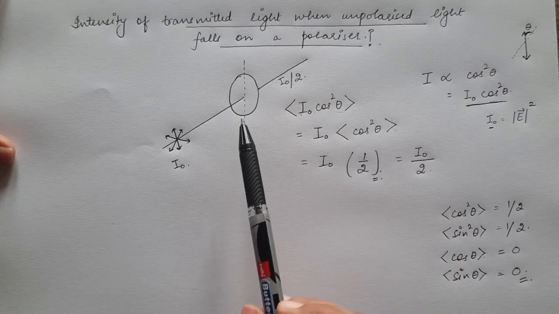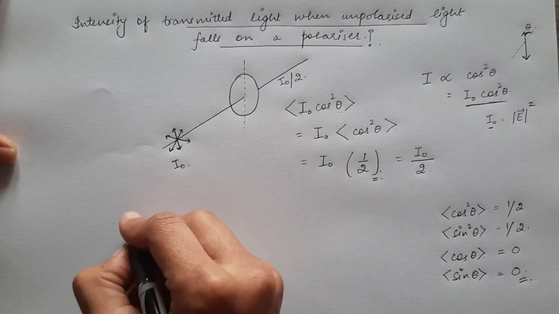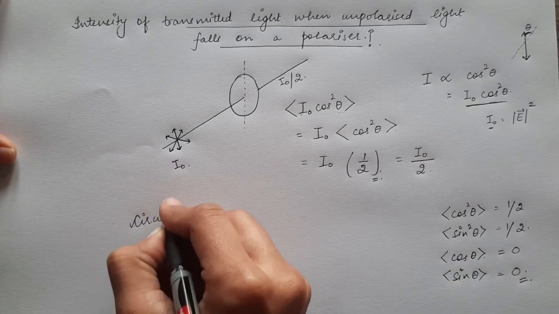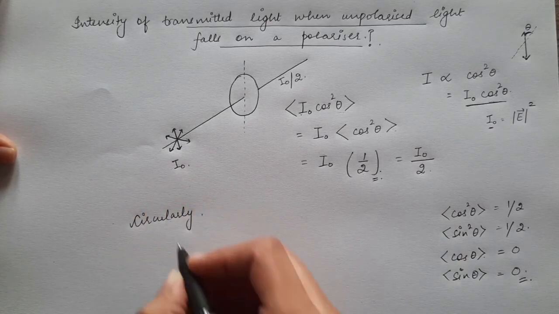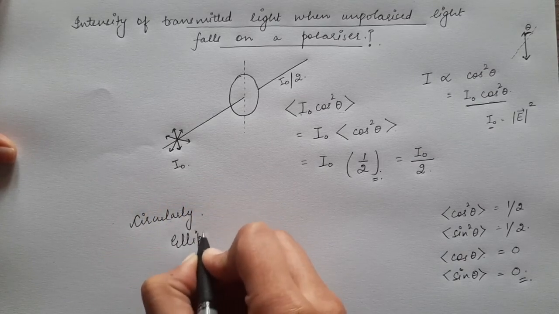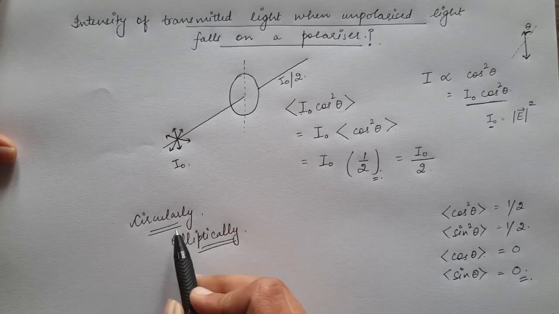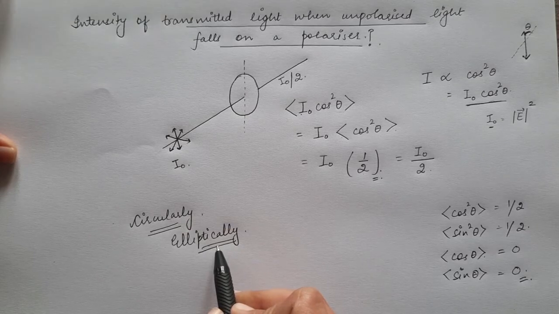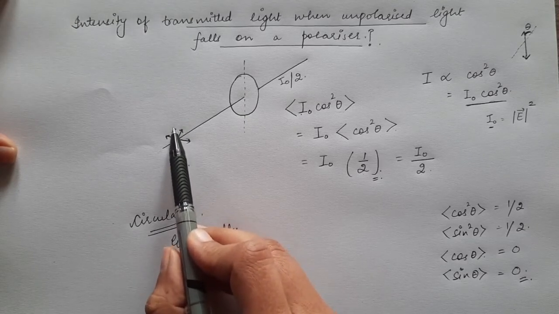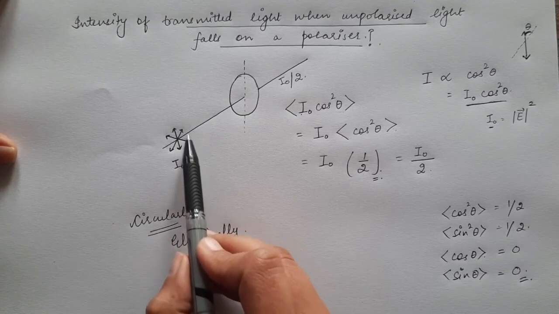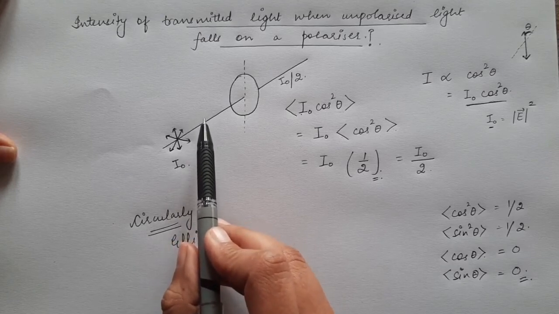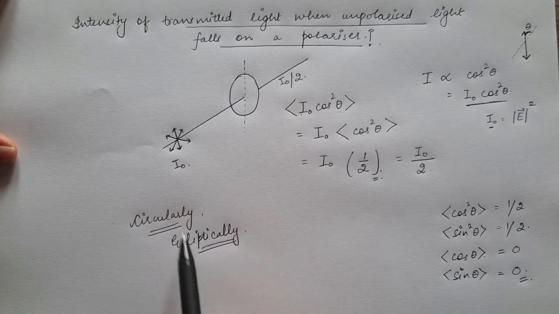Now this same case happens in the case of circularly polarized light and in the case of elliptically polarized light. In these cases, the tip of the electric field rotates in a circular manner and in the form of an ellipse respectively.